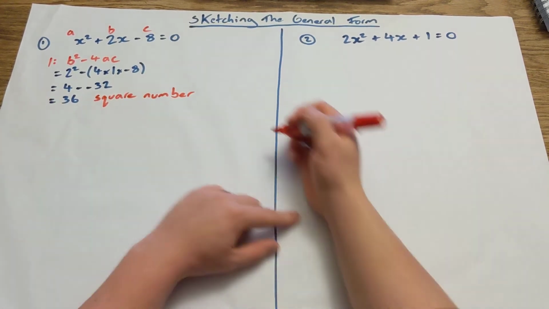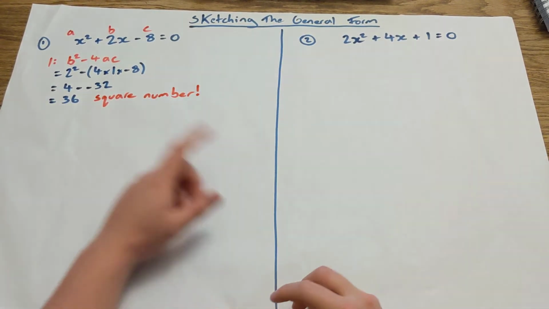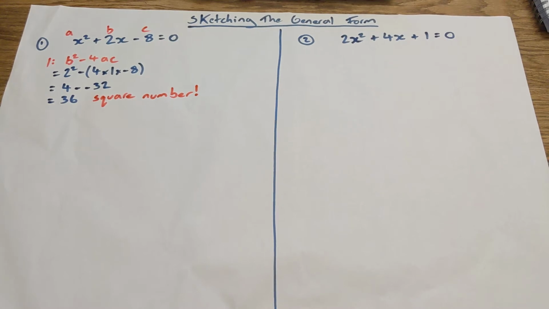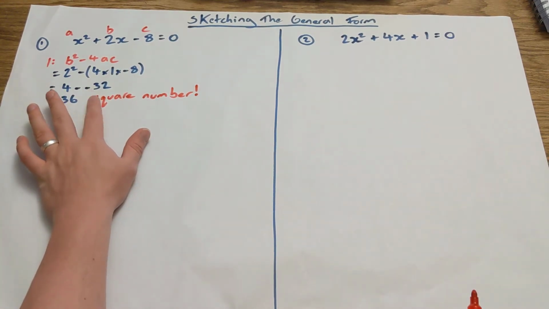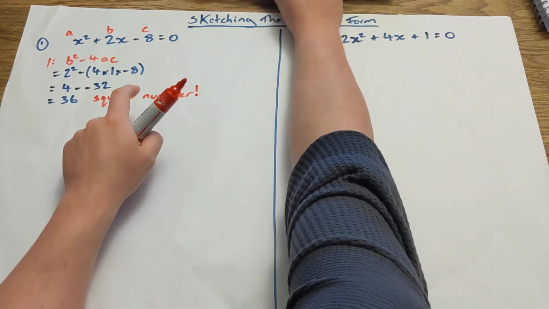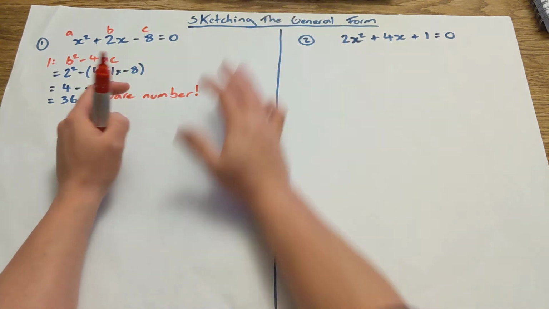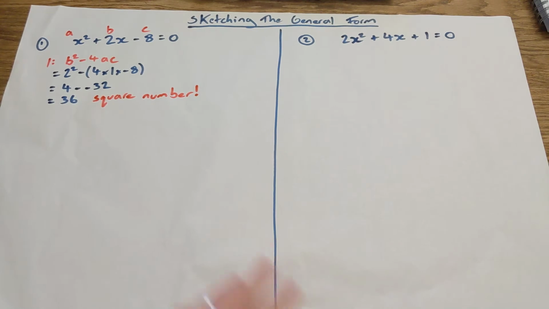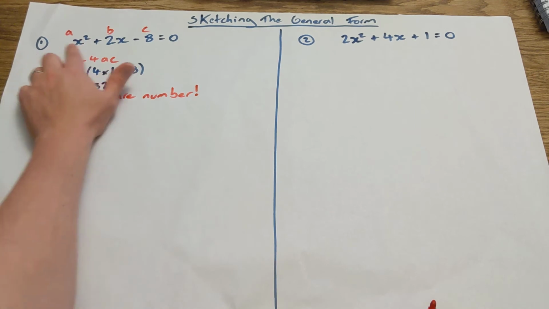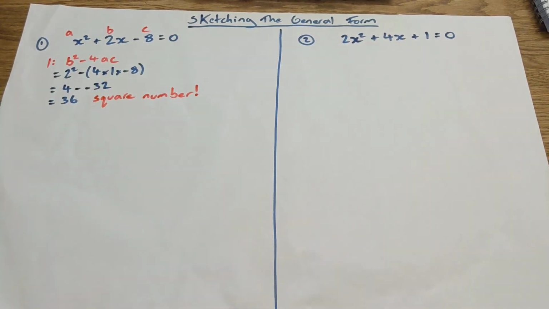If you work out the discriminant and it's positive and a square number, it has roots and you can factorize it, so you don't need to use the quadratic formula. If you work out the discriminant and it is negative, remember that means it's got no roots. Now, that's positive and it's a square number, so that tells us we can factorize this to get it into root form and then go from there.